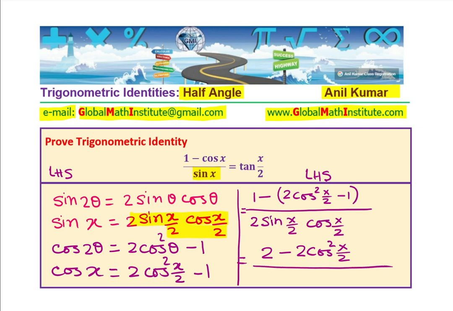And in the denominator, we have 2 times sin x by 2 cos x by 2. Now from here, you can simplify this to tan x by 2, right?